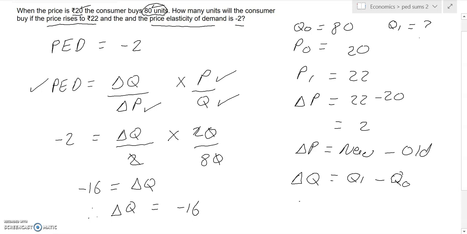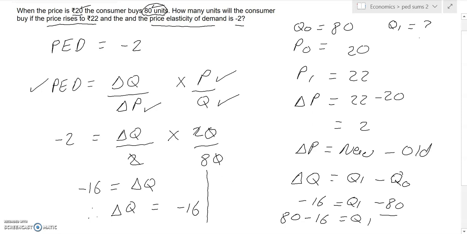We know that the change in quantity is -16. We know that the old quantity is 80. The new quantity is unknown. So again, solving the equation, 80 on this side is subtraction, goes to that side, it becomes addition, and we have 80 minus 16 is equal to Q1.